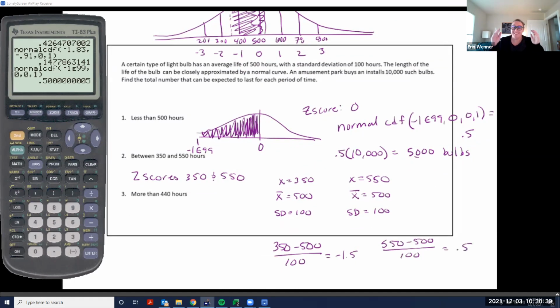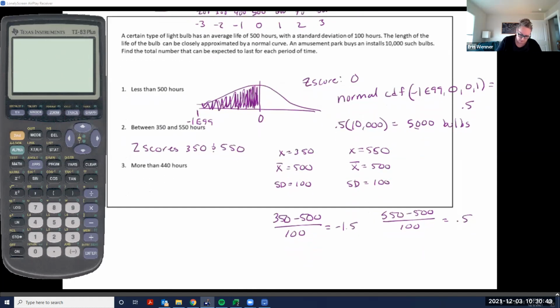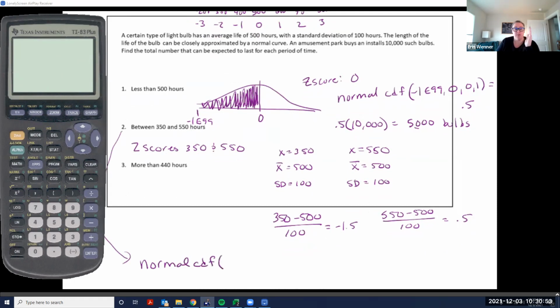So in order to find the area under the curve that exists between those two spots, we're going to do normal CDF, and we're going to go with the bounds. So remember, your first value is always a negative 1.5. And we're going to do negative 1.5, comma 0.5, comma 0, comma 1.